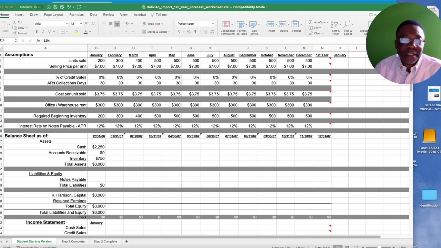So each month, the interest that we would pay on any outstanding borrowings would be 1% of whatever is outstanding. So it will make it easy for us to check if our spreadsheet is working properly.